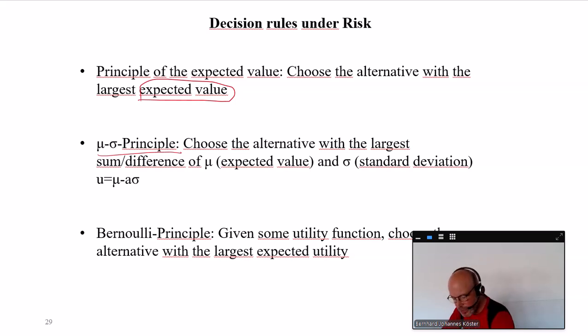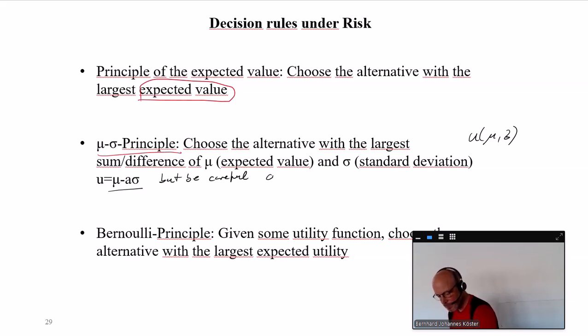In general, a utility depending on the expected value and the standard deviation would be that you just take the difference between the expected value and a number a times the standard deviation, but be careful: a can be larger or also less than 0.